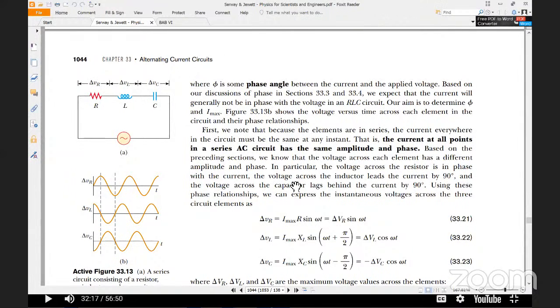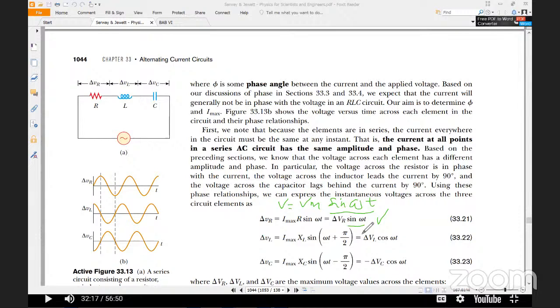You have to remember that the generator has V equals Vm sin omega t. So the voltage difference that has the same phase is just in the resistor, sin omega t, and this one also sin omega t.